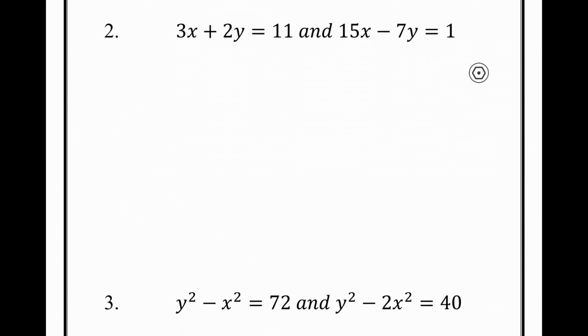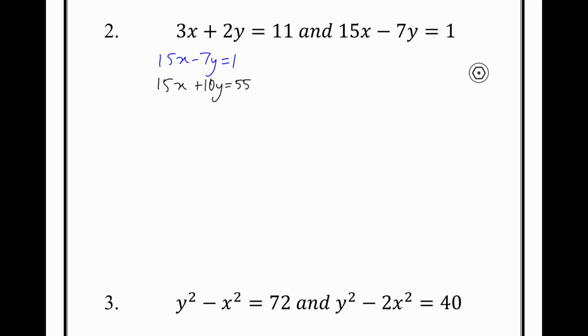Okay, this time we're going to use the elimination method. As we can see, the 3x does go into the 15x, it's just that the 3x has to be multiplied by 5. So we'll take the 15x minus 7y is equal to 1 first, and then we multiply the first equation by 5 to give us 15x plus 10y is equal to 55.